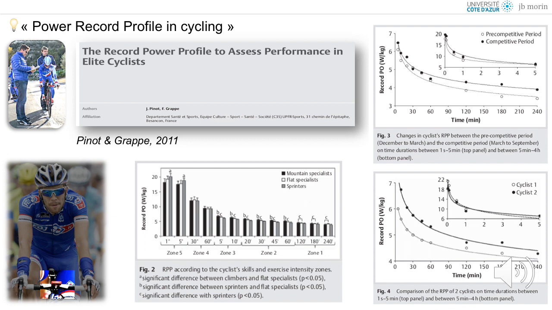And this is the power record profile. You never tested the cyclist. You just took their power values and reanalyzed them.